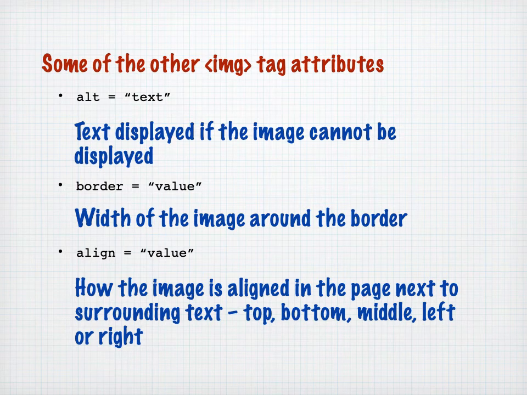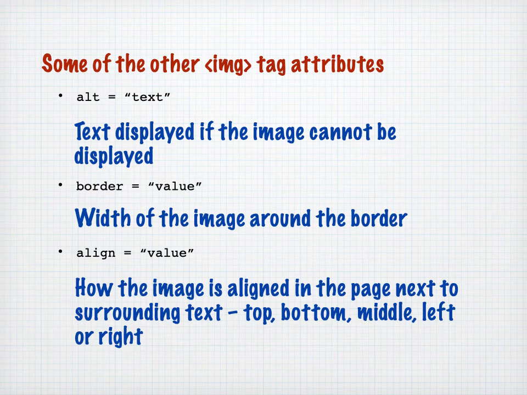There's a border attribute. What that does is that places a nice border around the image, and we can specify how wide that border will actually be. And then there's align, and what align does is it indicates how the image should be placed, on the left, on the right, in the middle, for example, compared to the surrounding text.